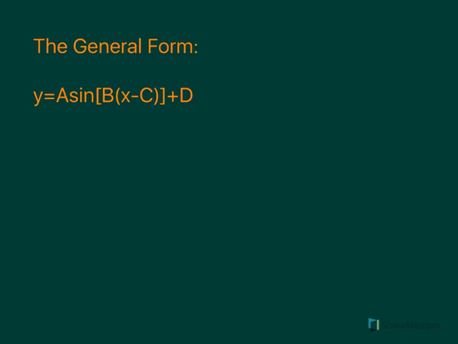The next letter in the equation we're going to talk about is the D value. So the D value is the vertical shift. And the vertical shift is going to be transforming the graph up or down.